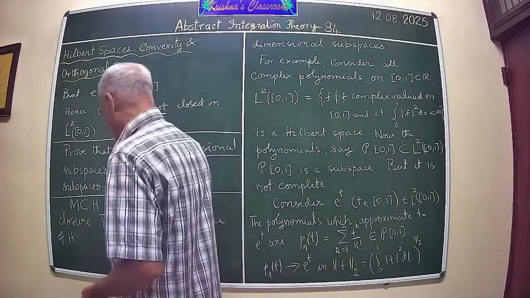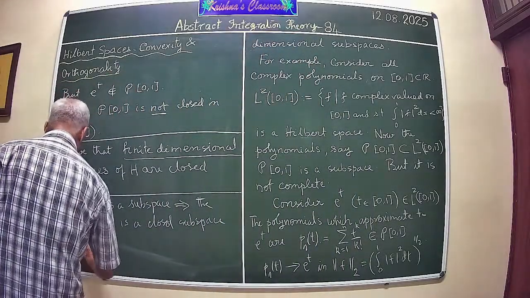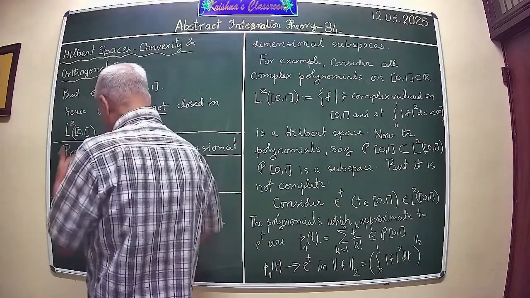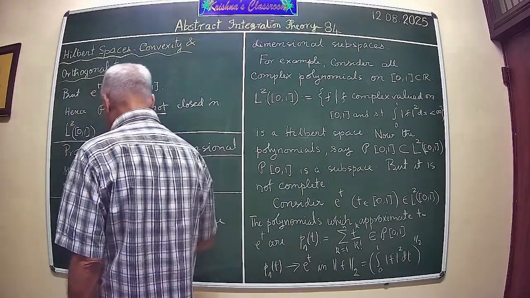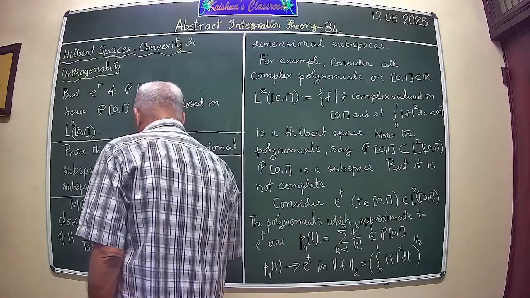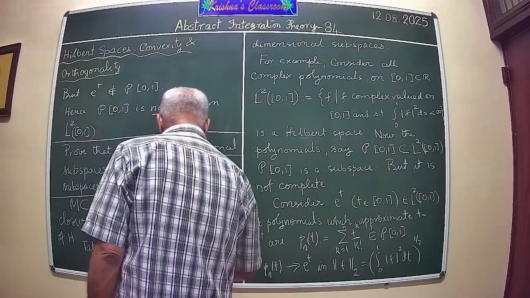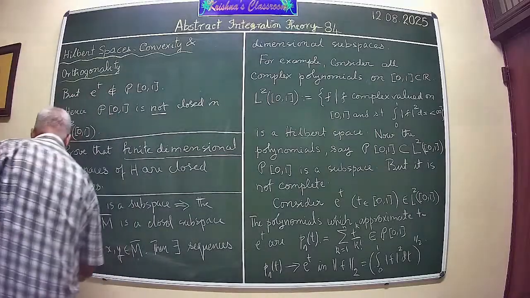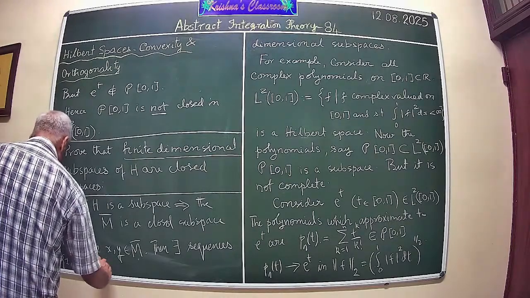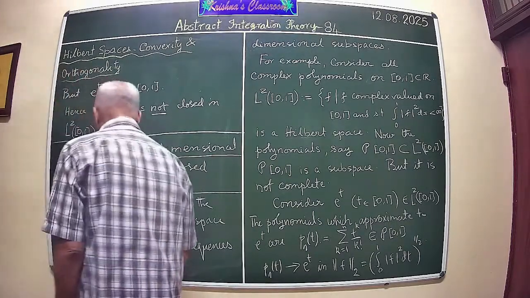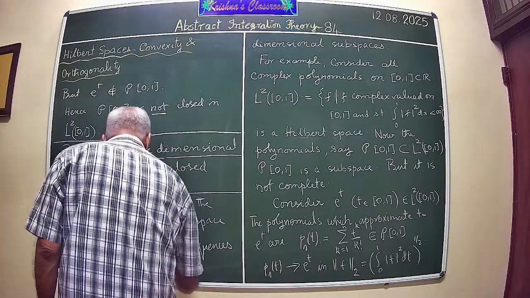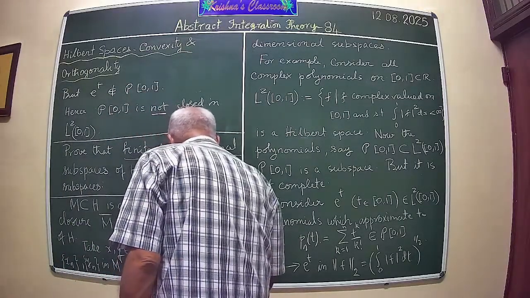Take x_n and y_n belonging to the closure, x_n converges to x, y_n converges to y.